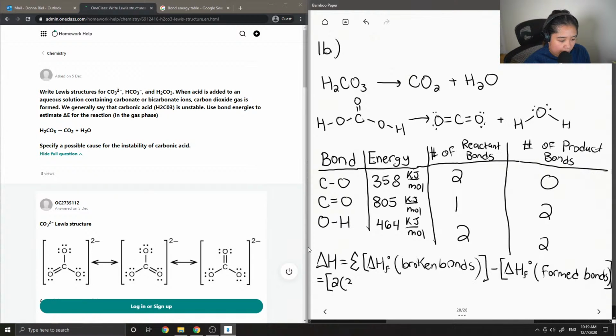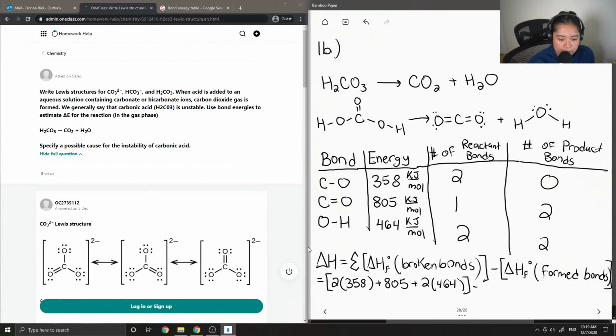That's going to be 2 times 358, but I won't write the units in for now. And then another bond that was broken was the carbonyl bond. There's only one carbonyl bond, so we're going to add 805. And then there are 2 alcohol bonds that were broken. So it's 2 times 464. So those are all the broken bonds.